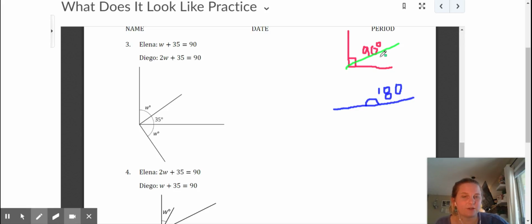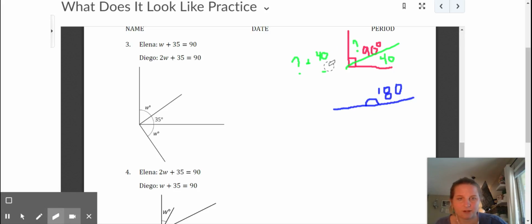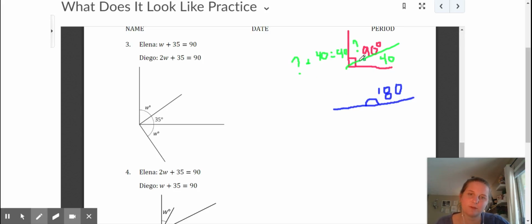So let's say this angle was 40. Well, I have a mystery angle here, but I know that mystery angle plus 40 is going to equal 90. So you've got to think, something plus 40 equals 90.